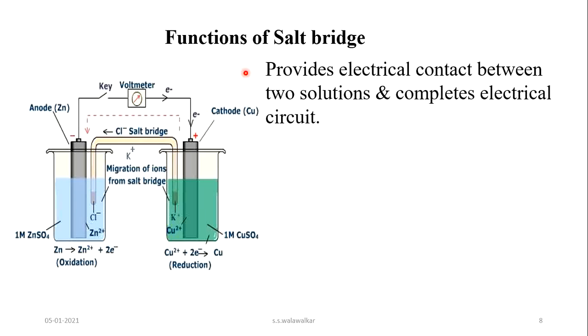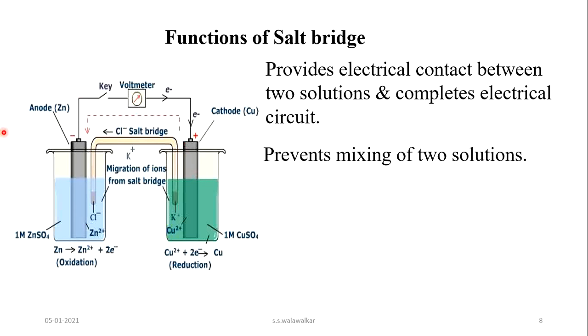So, functions of salt bridge. First, the salt bridge provides electrical contact between two solutions and completes the electrical circuit. One limb of this salt bridge is dipped in one half-cell solution, and another limb is dipped in the electrolyte solution of the other half cell, and thus it connects the two solutions, and therefore it completes the electrical circuit.